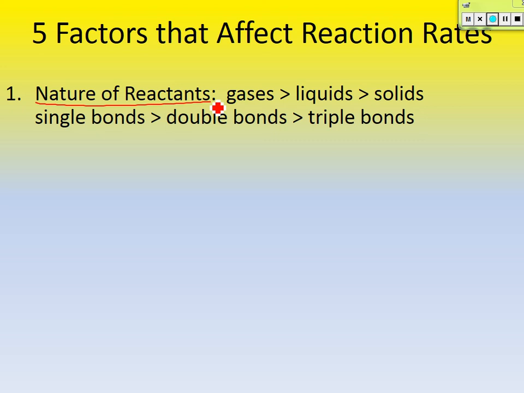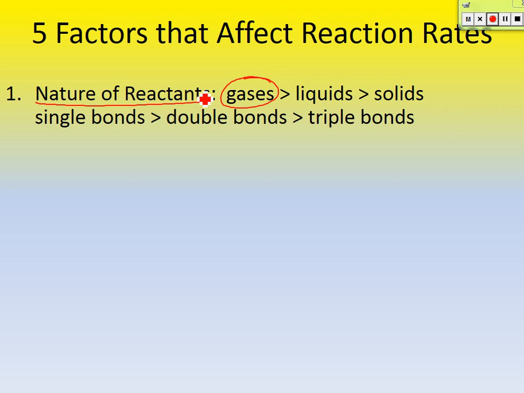So a substance in the gas phase will react much faster than a substance in the liquid phase, and liquids will react much faster than substances in the solid phase. So I'd like you to circle the gas phase here, gases. How come though?